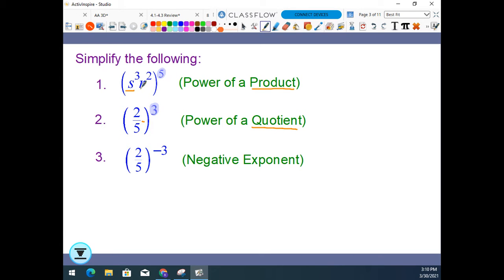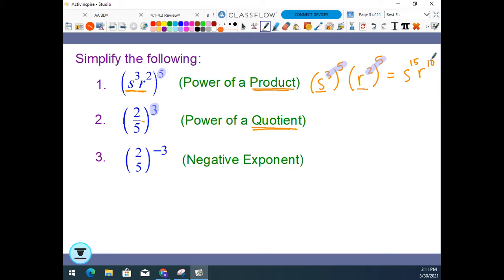We're going to raise each base on the inside of the parentheses to the outside exponent. We can only do this with products and quotients. So each base on the inside, we're just going to bring over individually and raise each one. Once we do that, each one is a power to a power. So we just multiply.